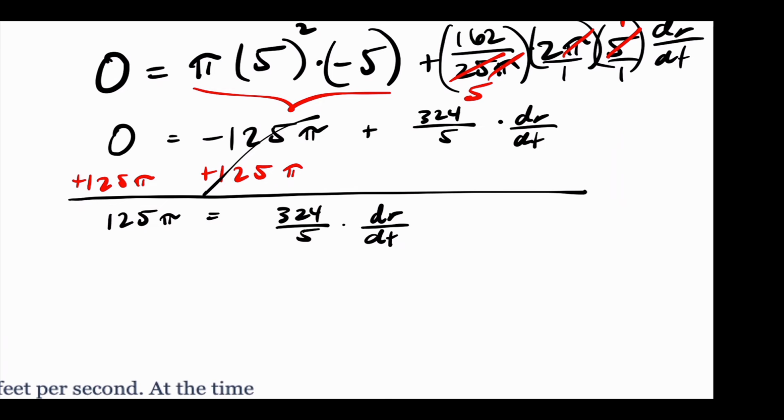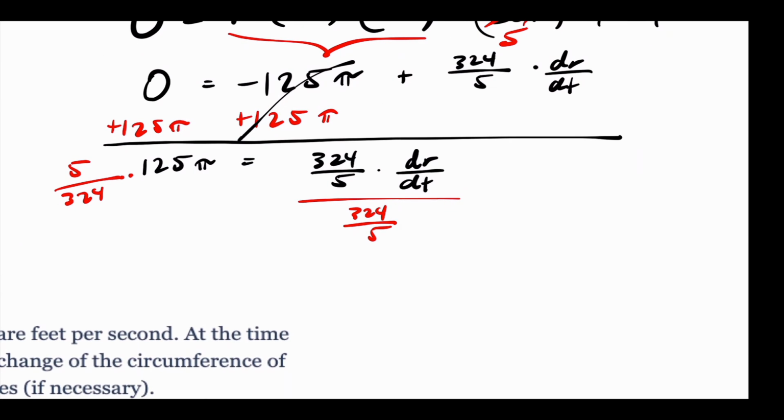Okay. Divide both sides by 324 over 5, which is the same thing as multiplying by the reciprocal. So 324 over 5. Five times 125 is 7 something.